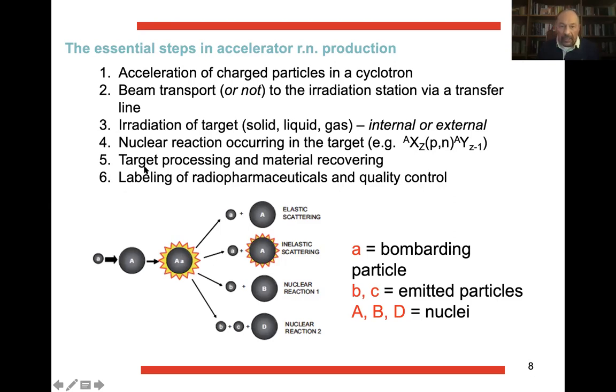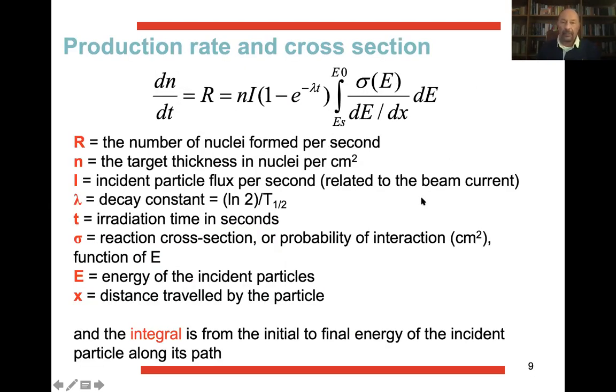These last steps are extremely important for the quality control. Let's say what is called GMP lab, good manufacturing practice lab. At the end, you produce a vial which must be used in the clinics, so it has to be certified somehow. You see a typical nuclear reaction in a reactor, in an accelerator.